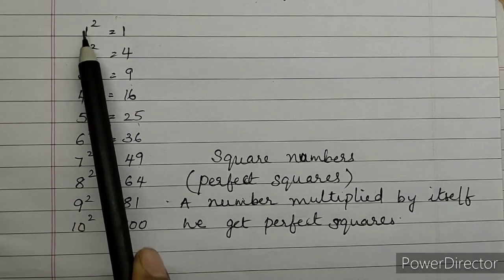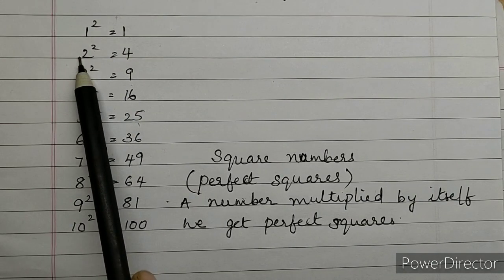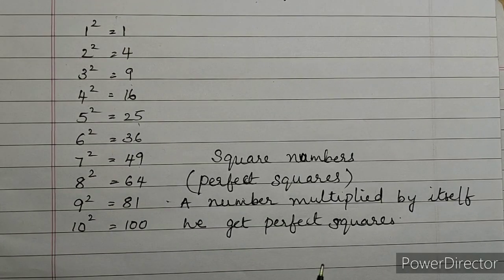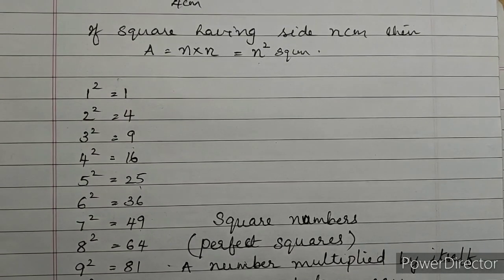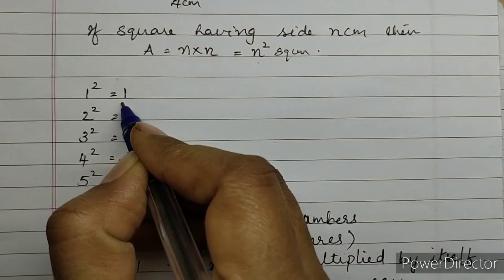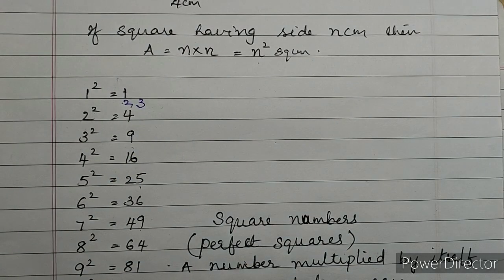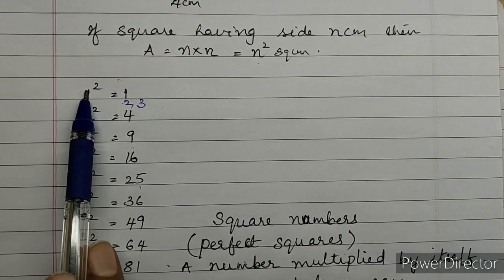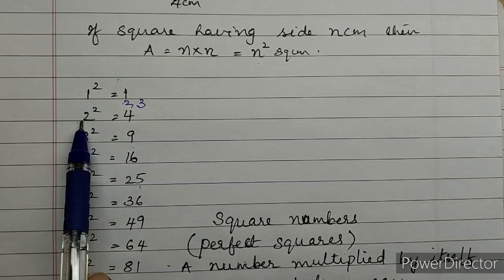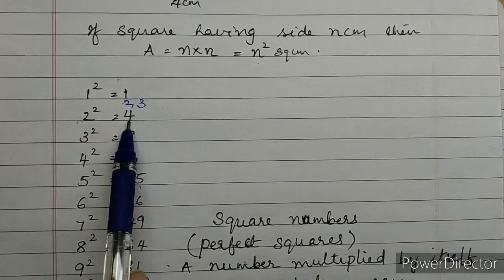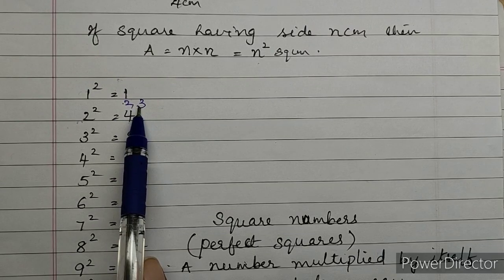So 1 and 2 are the continuous numbers you have taken, and the answers are 1 and 4. In between 1 and 4, how many numbers are there? 2 and 3 are there. So this side it is 1 square and 2 square, which are continuous numbers, but here the answers are 1 and 4, and in between, 2 and 3 are there.